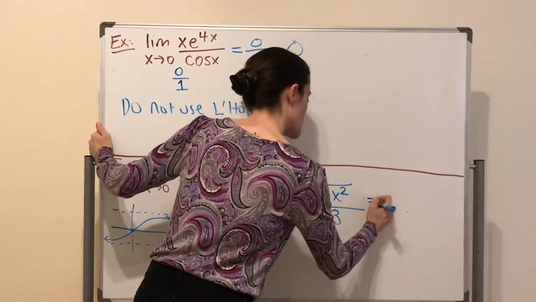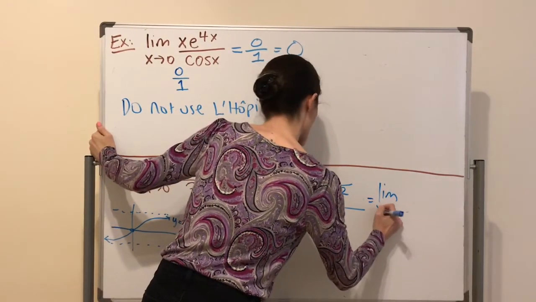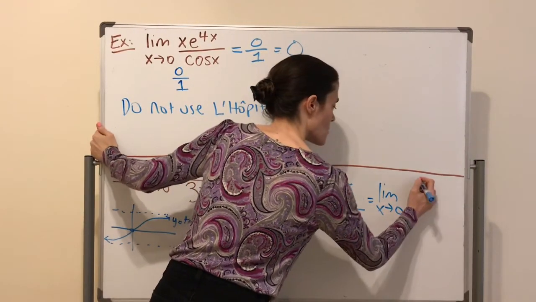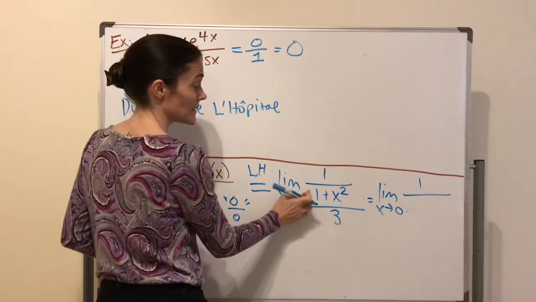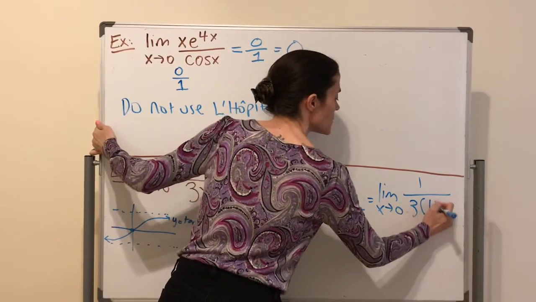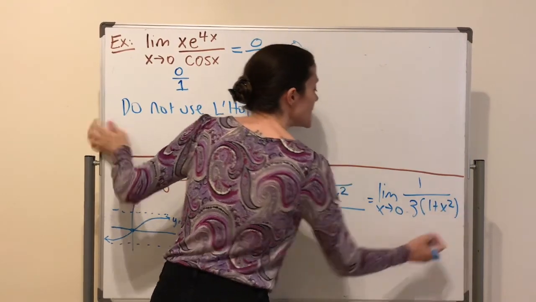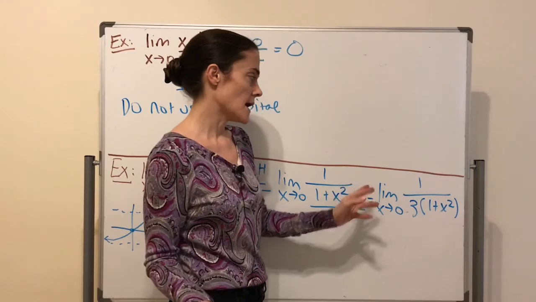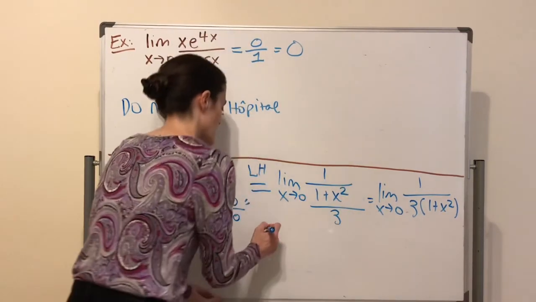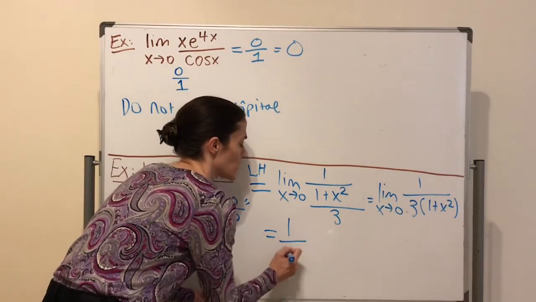And then if we just, this is really sitting in the denominator here, we get 3 times (1 plus x squared). Now we can evaluate this at 0. We get 1/3. So this limit is 1/3.